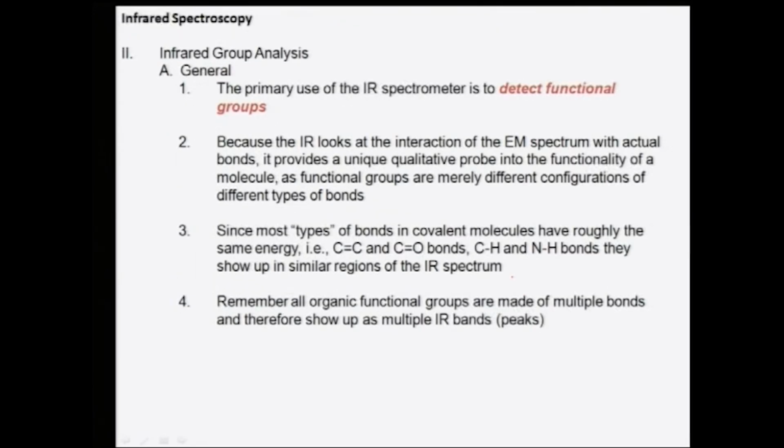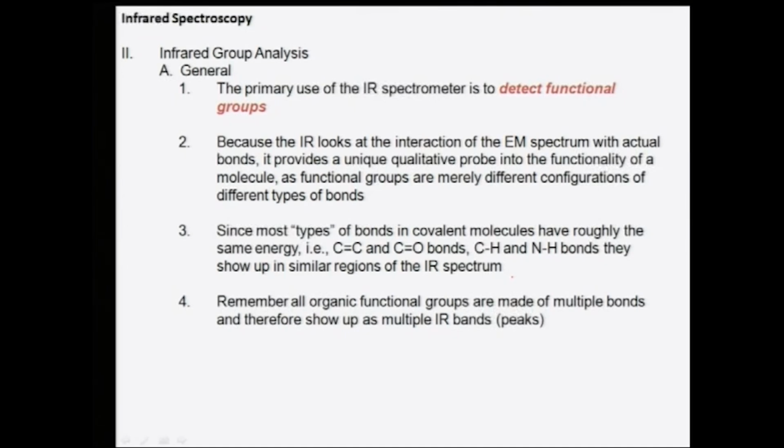Well, to give you all these things in a nutshell, in general the primary use of IR spectroscopy is to detect functional groups, because it involves the interaction of the electromagnetic spectrum with the actual bonds. It can provide a qualitative probe of the functionality of the molecule, because it can give you different configurations of the molecules present in the material, since one molecule can stretch, bend, or have different positions or energy levels, and that can be detected.